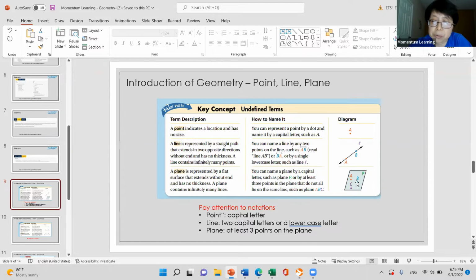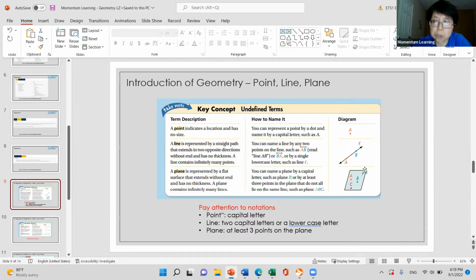Then we use these 3 letters to name this plane. So we can name the plane ABC. The order doesn't matter. You can name it plane CBA, BAC, and they are referring to the same plane. For a plane, you need at least 3 different points.